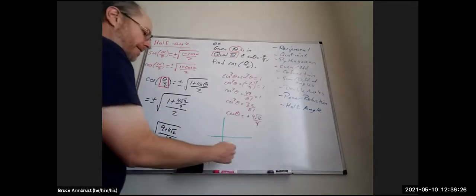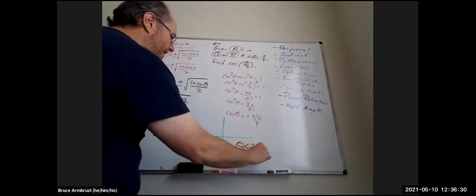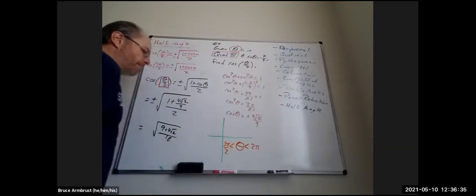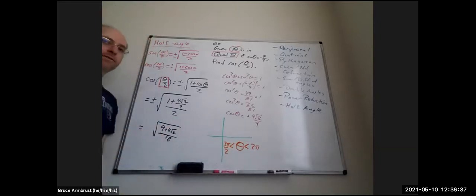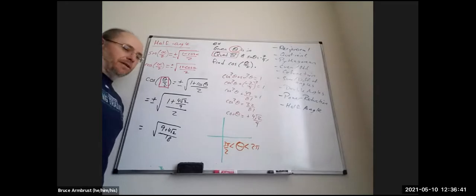So here's what I know about theta. I may not know exactly what it is, but I do know that it has to be between those two angles, or at least is coterminal to one that's between those two angles.